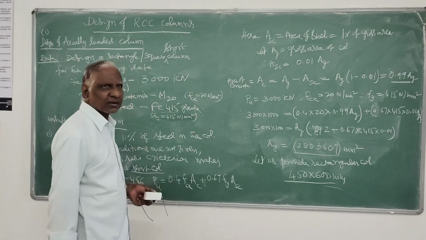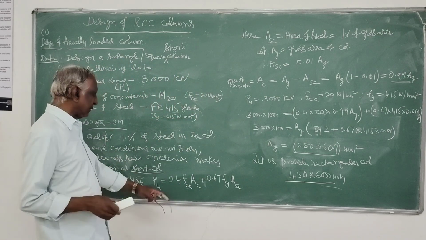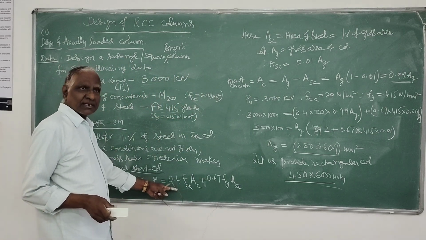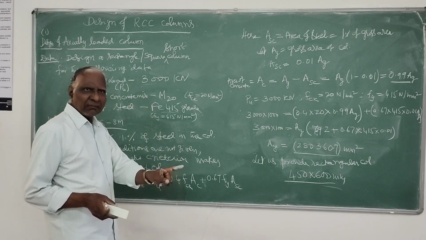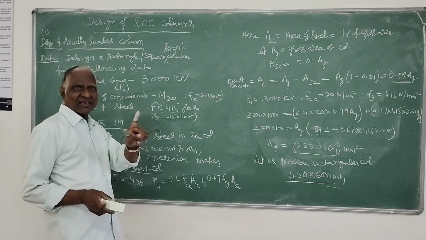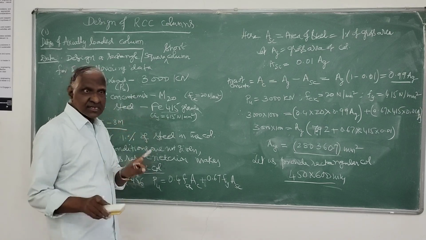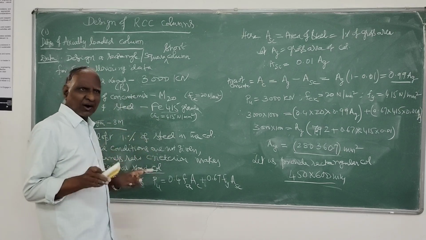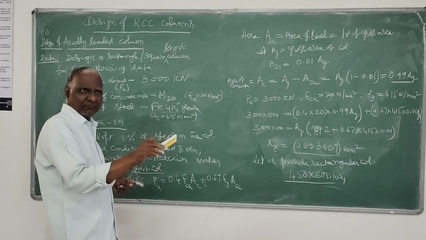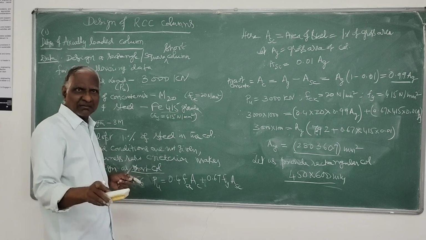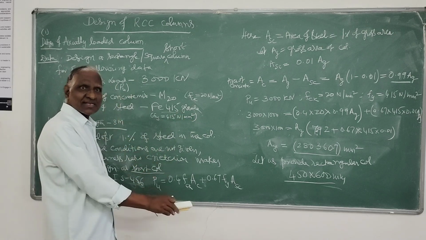Now you check for minimum eccentricity because I have used this formula. This formula is applicable only for a short column with the minimum eccentricity criteria satisfied. That's very, very important. That is, the minimum eccentricity criteria of 20 mm or 0.05 D is automatically satisfied.